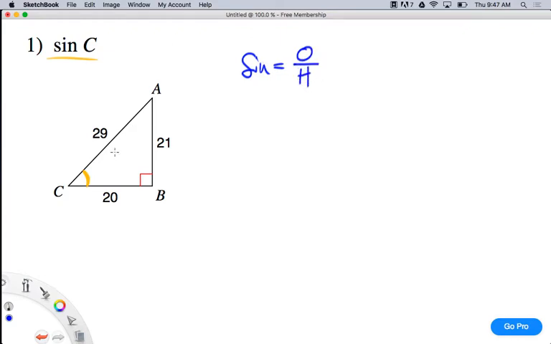So first you identify the hypotenuse, that's this one here, and then you identify the opposite side, which is this one here. So the sine of C is simply opposite, which is 21, over hypotenuse, which is 29. And that's your final answer.